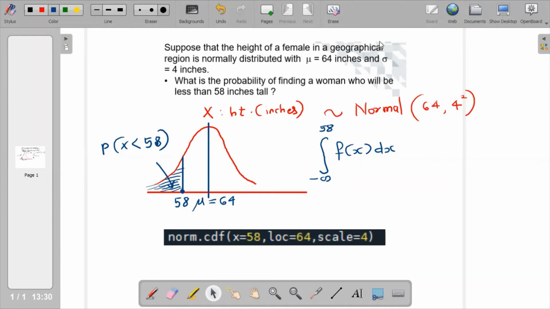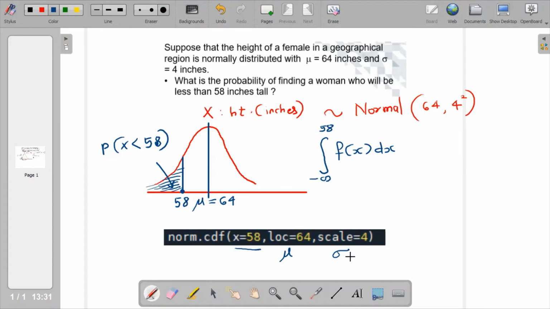Let's understand a little bit of the syntax of this. x equal to 58 means the value under which we want to find probability should be specified first. Then comes our mu, and then comes our sigma. LOC stands for location, scale stands for, you see, location is actually mu over here, and scale is actually standard deviation over here.